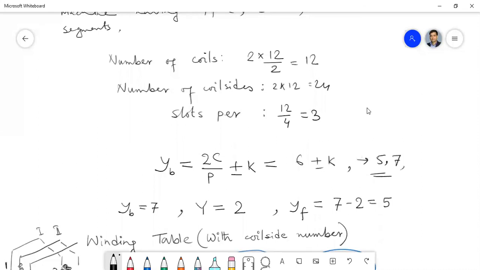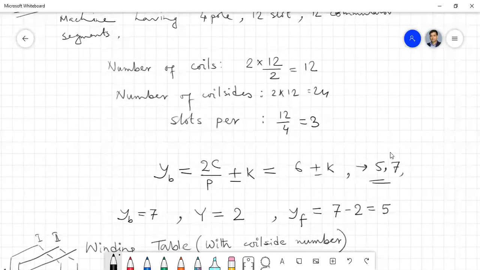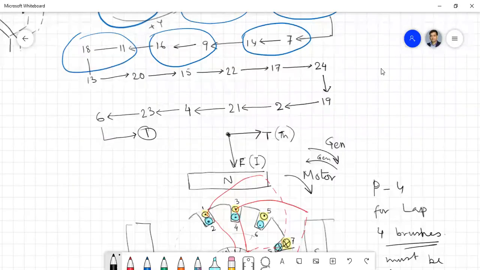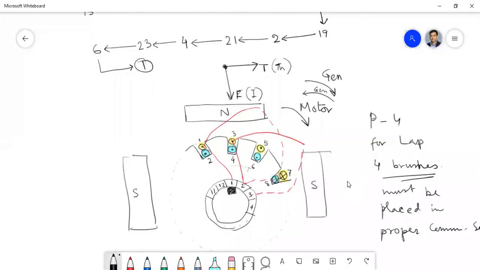Basically coil span for a full pitch coil equals 3. Coil span is not measured in terms of coil size. Coil span can be measured in terms of number of slots.